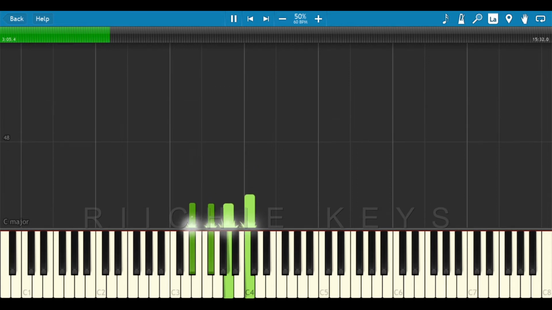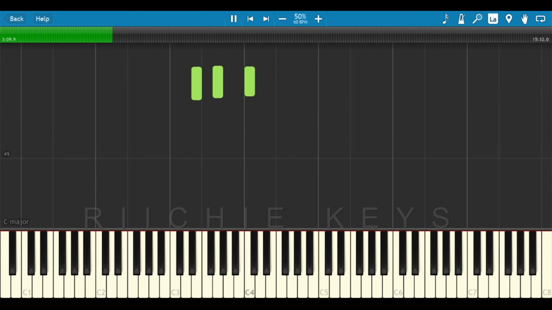All right, so let's play the ID in all the 12 different keys.